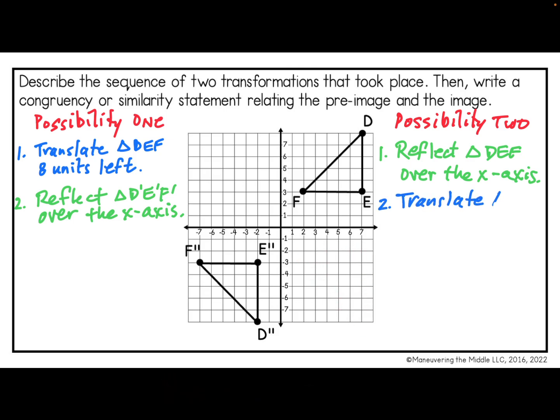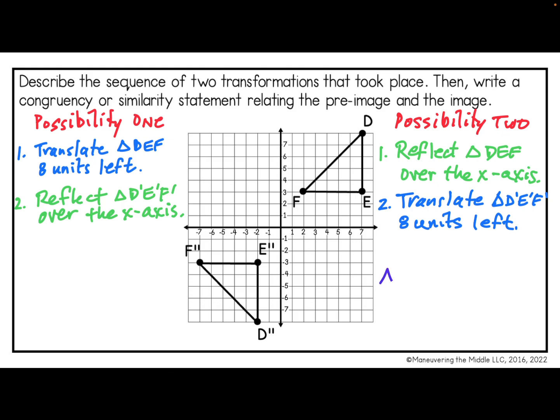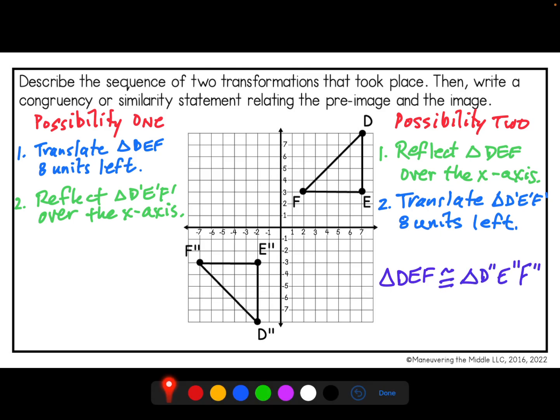And then we will translate it 8 units to the left. So take the triangle that's right here and shift it 8 units to the left. Because reflections and translations are rigid transformations, you can interchange the order and you'll still end up with congruent figures. Triangle DEF is congruent to triangle D double prime, E double prime, F double prime.